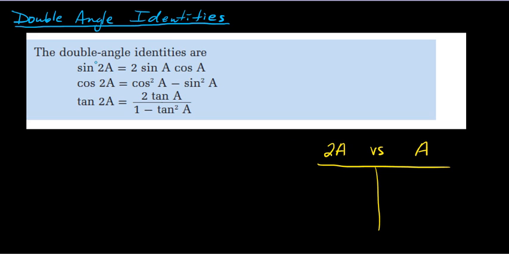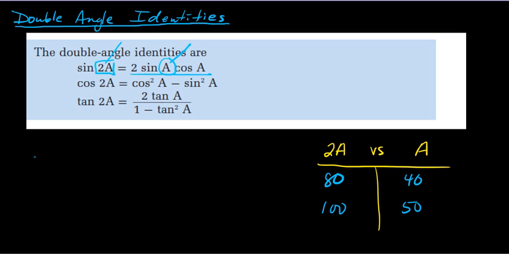So if we're talking about sine of 2A equals this in terms of A, well, this value is going to be half of what this value is, right? So if 2A is 80, A is what? 40, right? Because 2 times what gives you 80? So if we're talking 100, then we're talking 50.